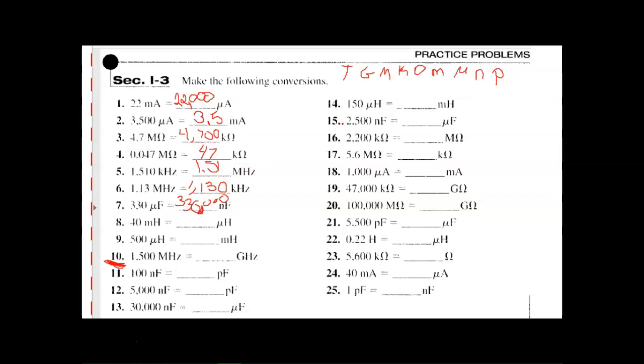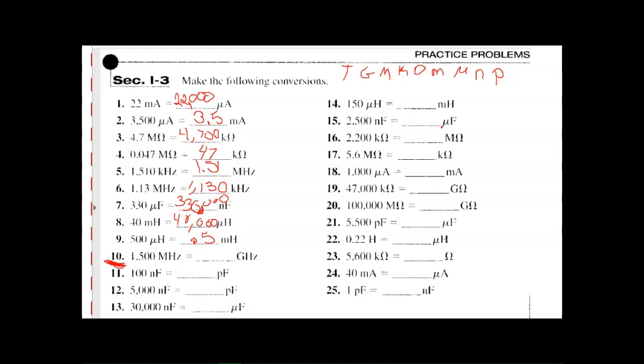Now number 8, we're moving from milli to micro. So I should end up with 40,000 on this one. This one I'm moving from micro to milli, which would give me a value of 0.5.